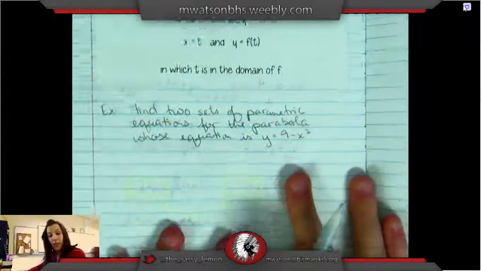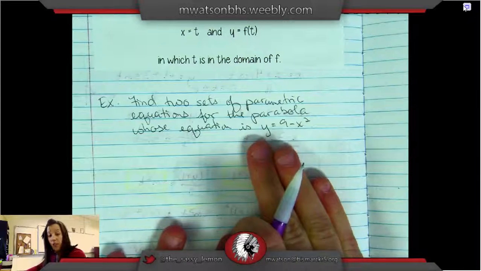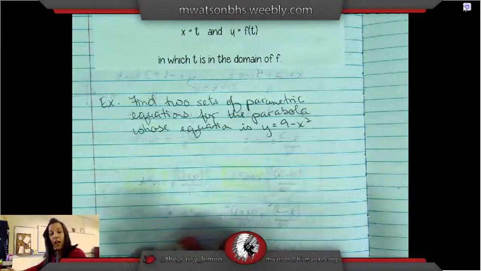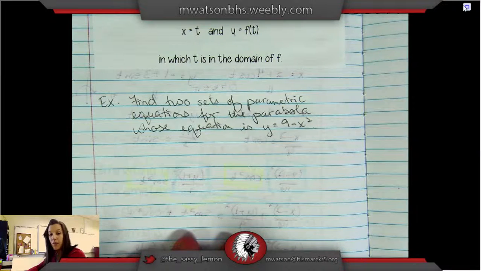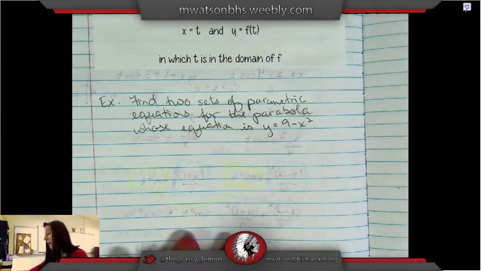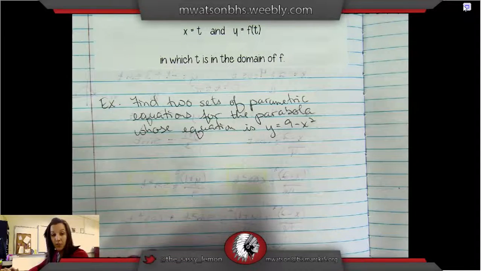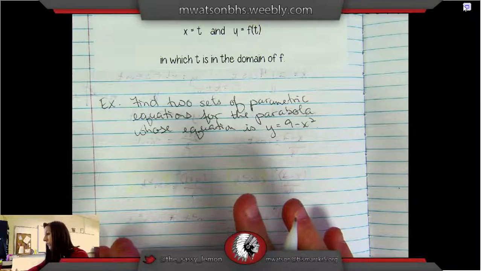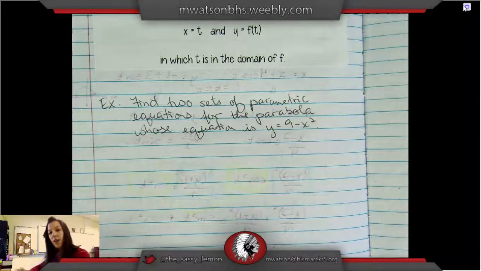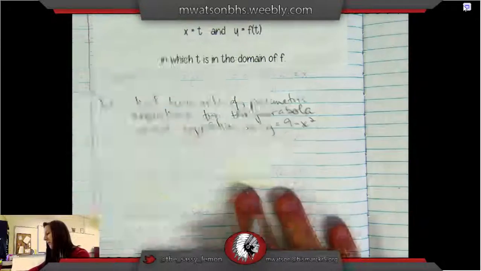Okay, so they've given us a function, they've even told us it's a parabola, and they want us to create 2 sets of parametric equations that will create the same parabola. And you can actually make infinite sets of parametric equations because every set you make is going to have a different speed. You'll see what I mean here in a moment.